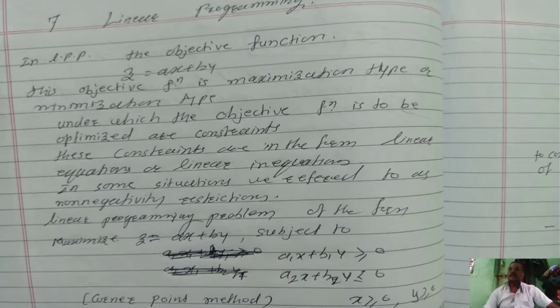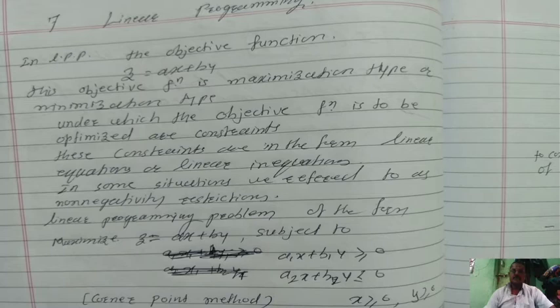This objective function is to maximize or minimize, two types of objective functions, first maximize or second minimize, under which the objective function is to be optimized, the constraints. This objective is under constraints.